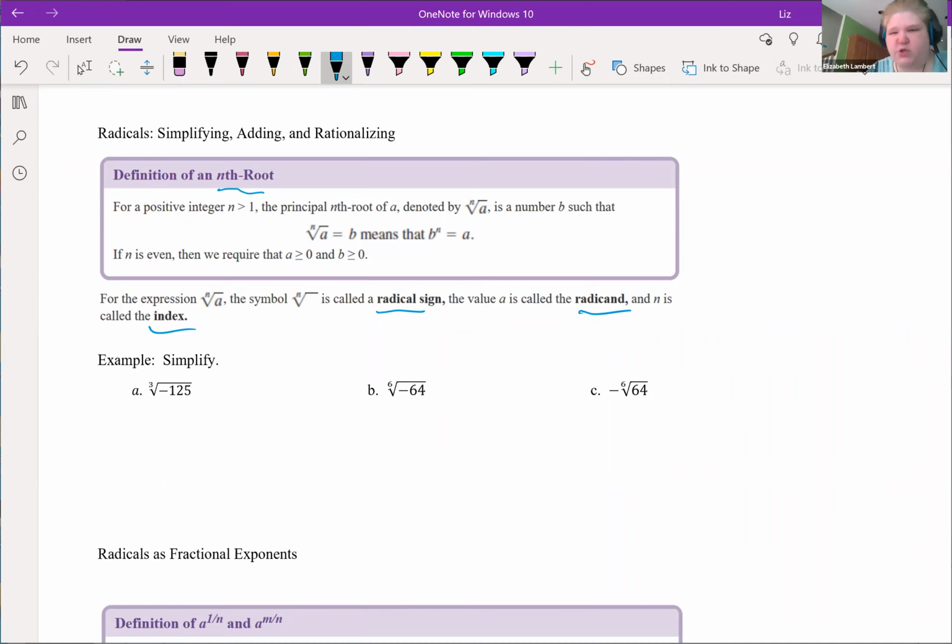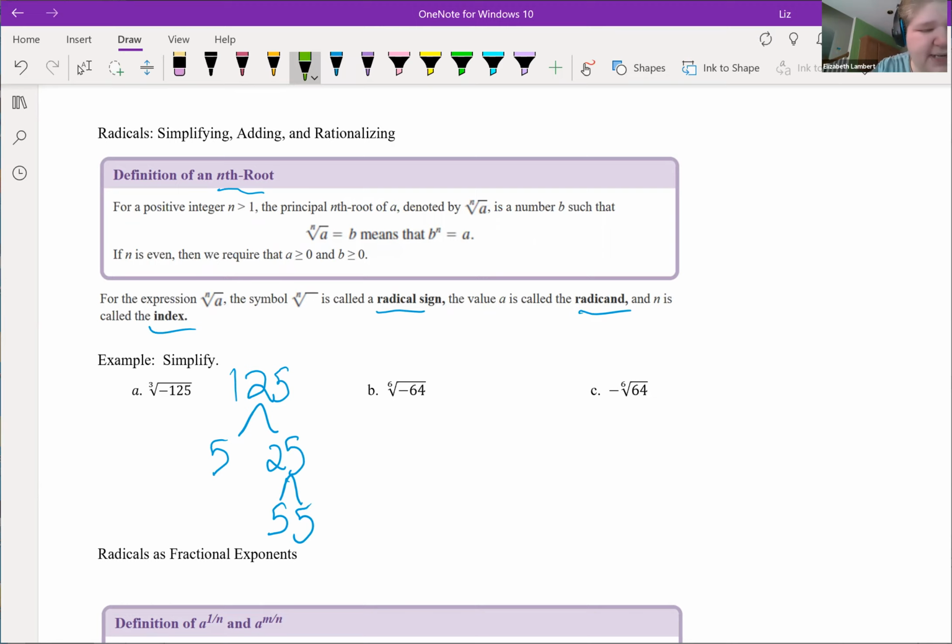So -125. I'm going to ignore the negative for a second. Just focus on 125. That ends in a 5. It is actually 5 times 25, so 125 is the same as 5 to the third. But we had a negative sign. So the question is, is -5 to the third the same as -125?